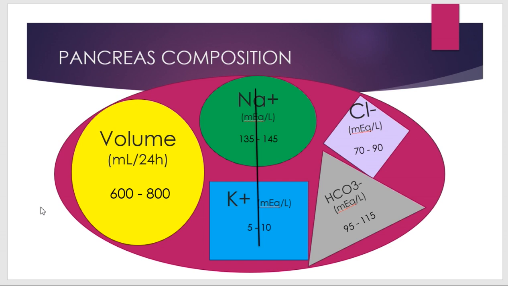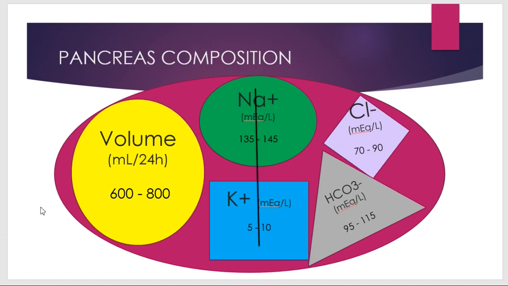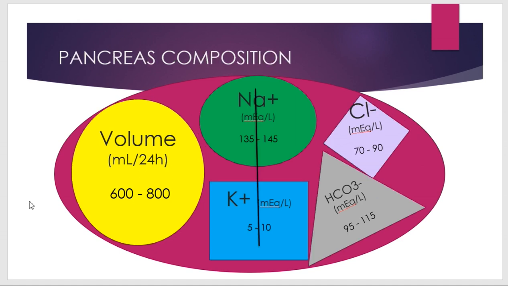Sodium and potassium levels are the same in bile composition here and in pancreas composition. Both are same. Just focus on the middle part. The sodium 135 to 145 and potassium 5 to 10 milliequivalents per liter. Similar. Bile and pancreas. So one thing is clear. Now again, focus on the volume, this oval shape, this one, slightly increased in second slide.